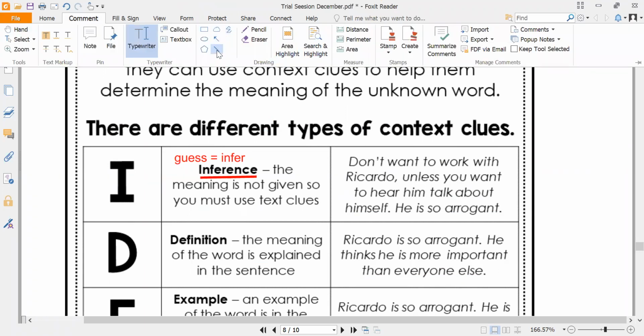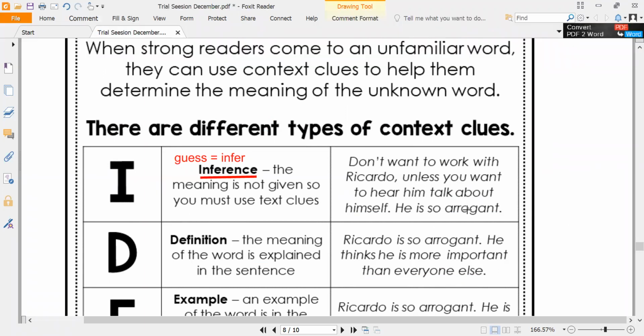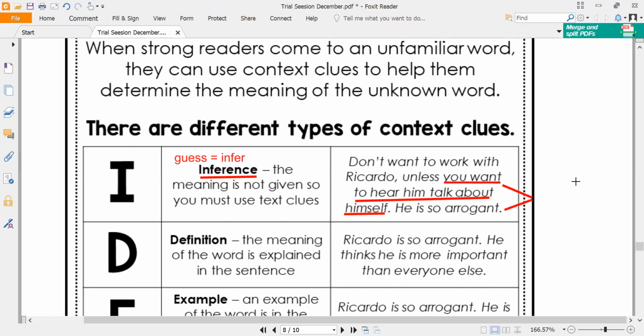We don't know what arrogant means, but I can guess: every time you work with Ricardo, you will hear him talk about himself. He is arrogant. So arrogant means somebody who is always talking about himself.